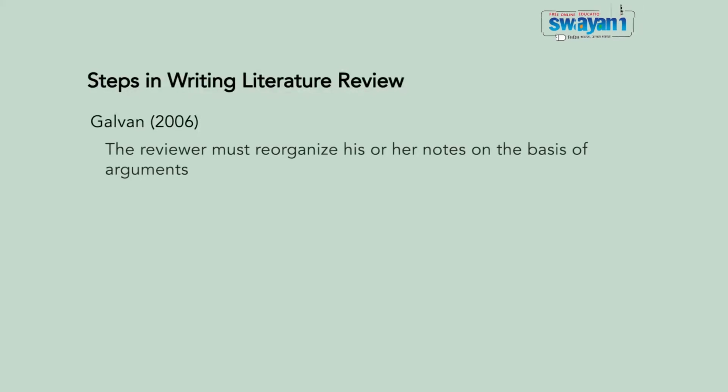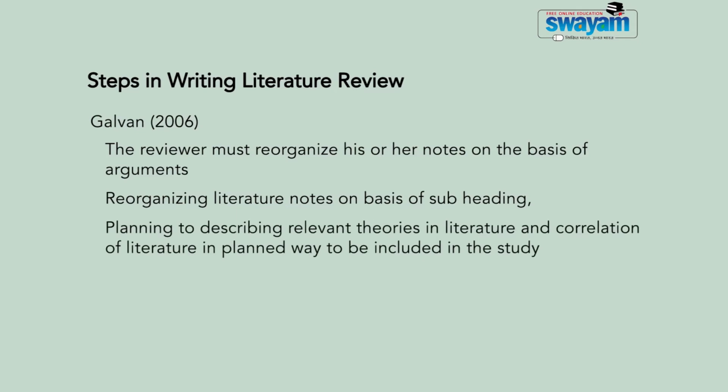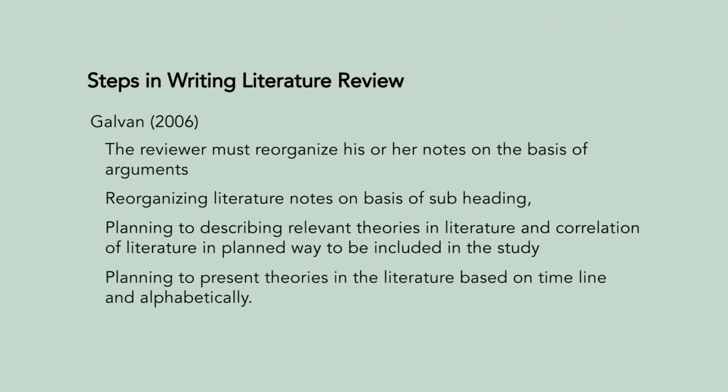The reviewer must reorganize his or her notes on the basis of argument, recognizing literature notes on the basis of subheadings, planning to describe relevant theories in the literature, and correlation of literature in a planned way to be included in the study. Planning to present theories in the literature based on timeline and alphabetically.